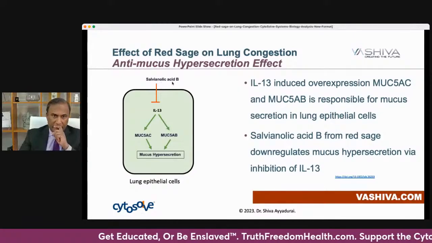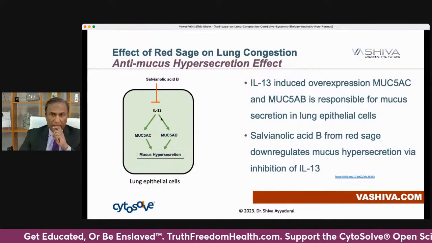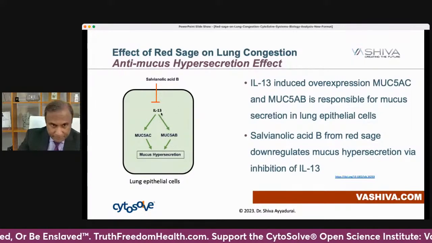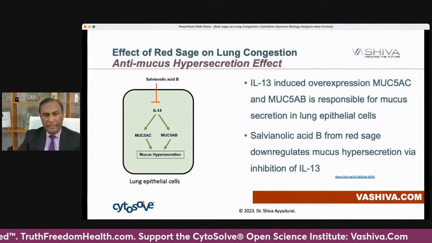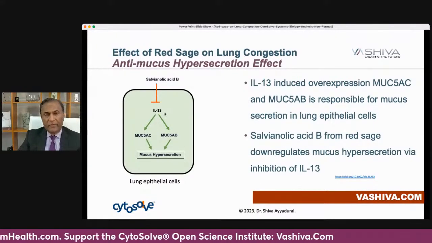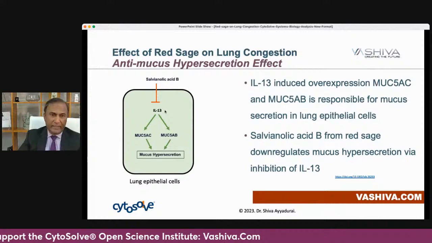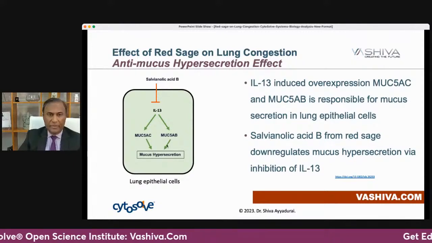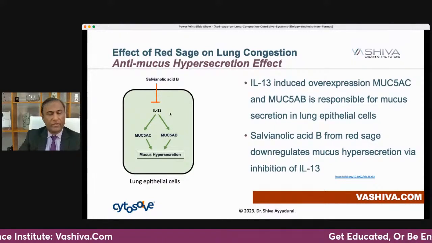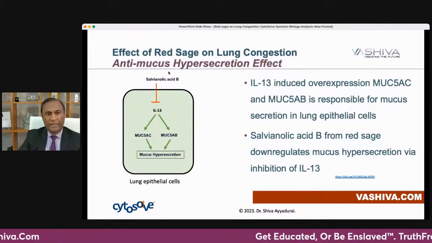So salvianolic acid B blocks IL-13, which initiates this. So IL-13 is not a good cytokine because it leads to hypersecretion, and salvianolic acid stops that. So the second effect is anti-mucus.